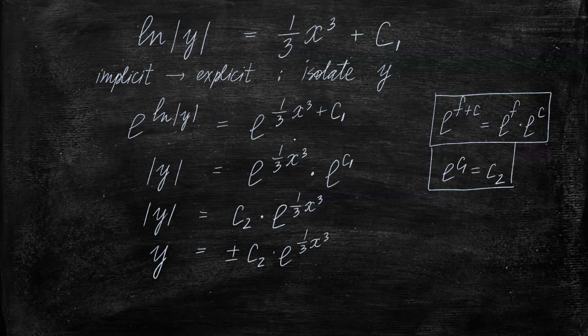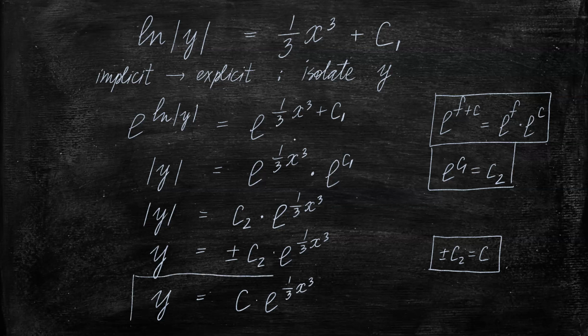And this time, again, we have control over the constants. So instead of writing plus minus c2, I would like to write it as c3, but since this is my last constant, I'm just going to call it c. And we isolated y.